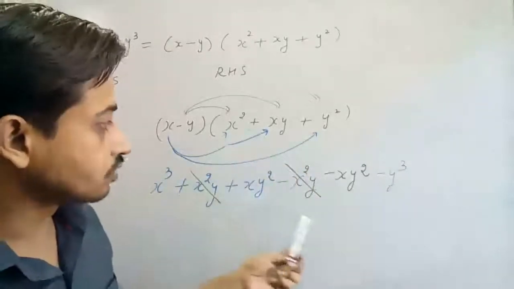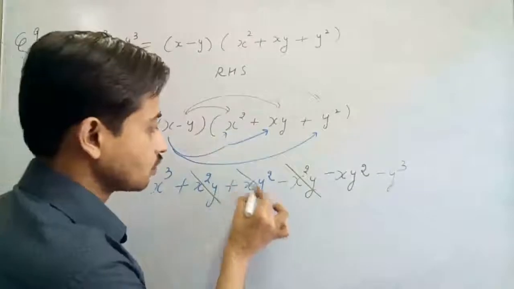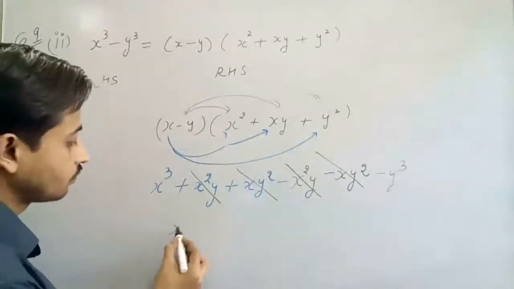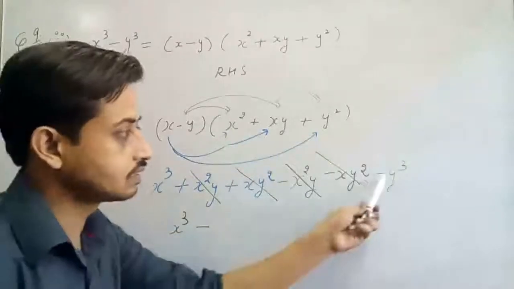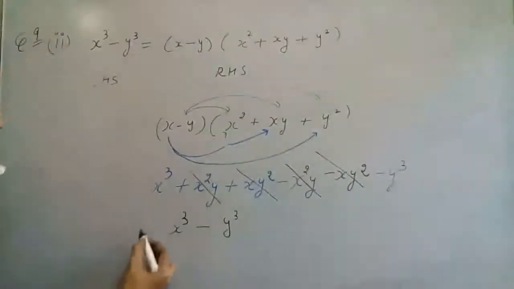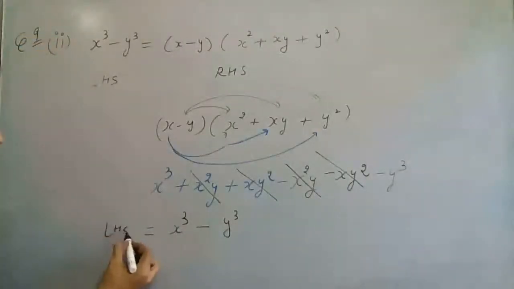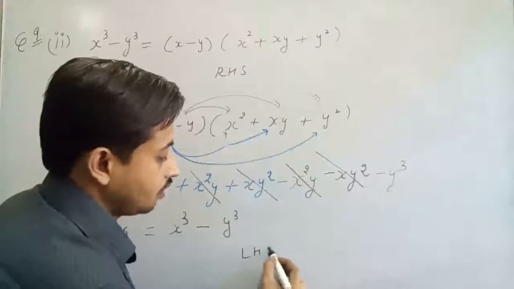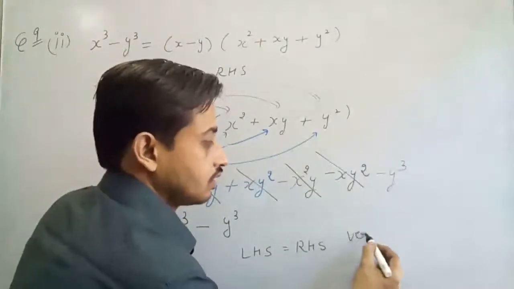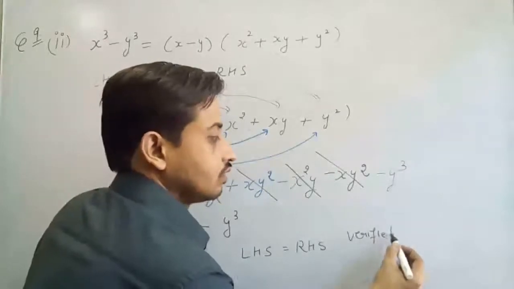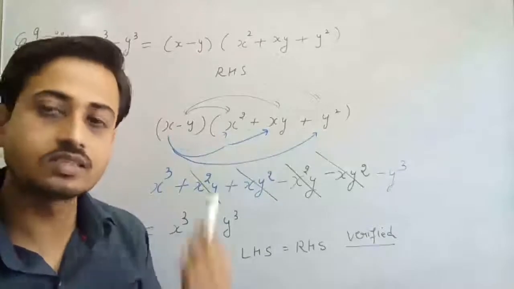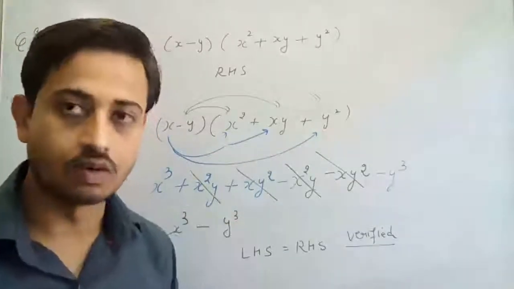Now xy square positive, xy square negative, so this is also cancelled out. What will we get? We get x cube minus y cube. This is our left hand side. So left hand side is equal to right hand side. We have verified. I hope you understand this concept. So please make a note.